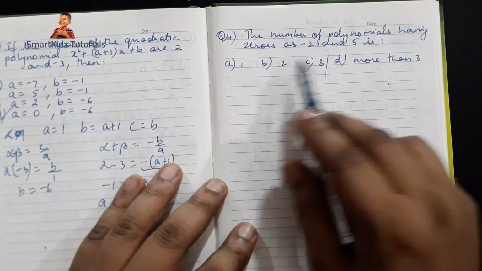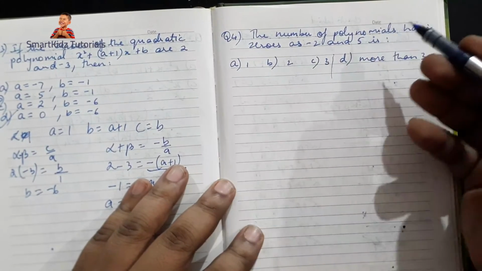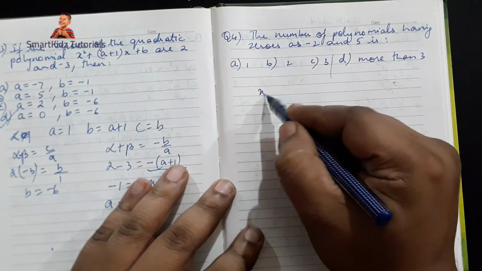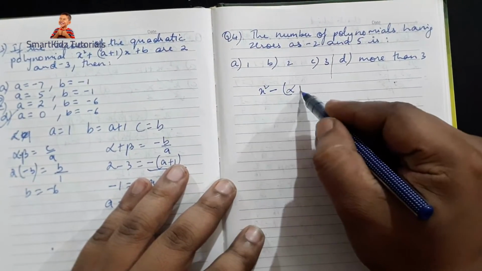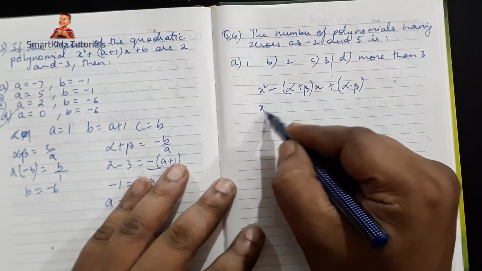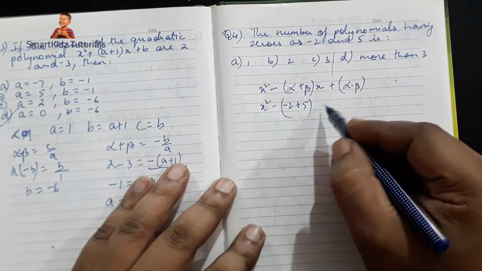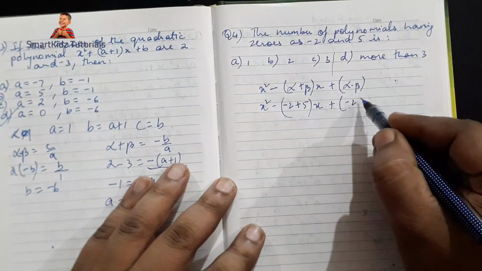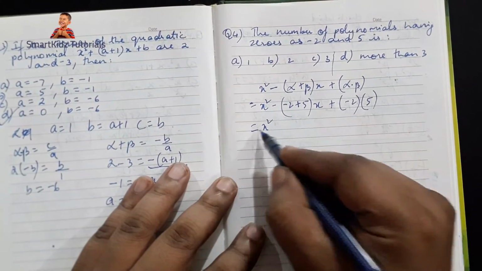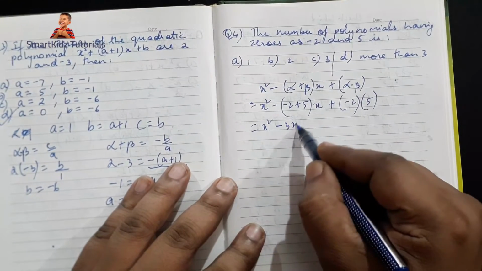Question 4: the number of polynomials having zeros as minus 2 and 5 is... So first we'll have to look at what polynomial we actually get with that. If we take x square minus (alpha plus beta) into x plus alpha into beta, with alpha as minus 2 and beta as plus 5, we get x square, and minus 2 plus 5 gives us positive 3, so that becomes negative 3x.